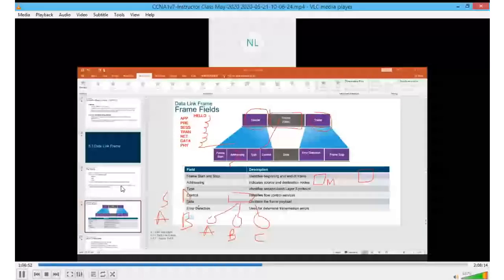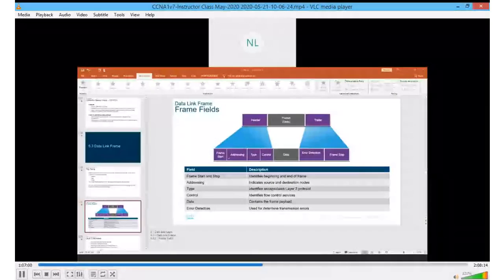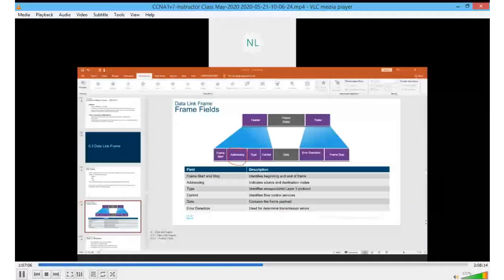But how is it going to find it? We'll go deeper. The catch I want you to get here is that in the data link layer there is addressing, which is very important. This is where it will put the source MAC address and the destination MAC address before it sends it out.